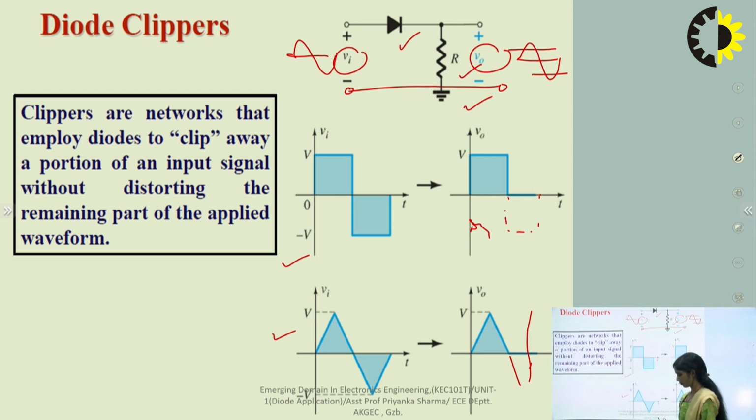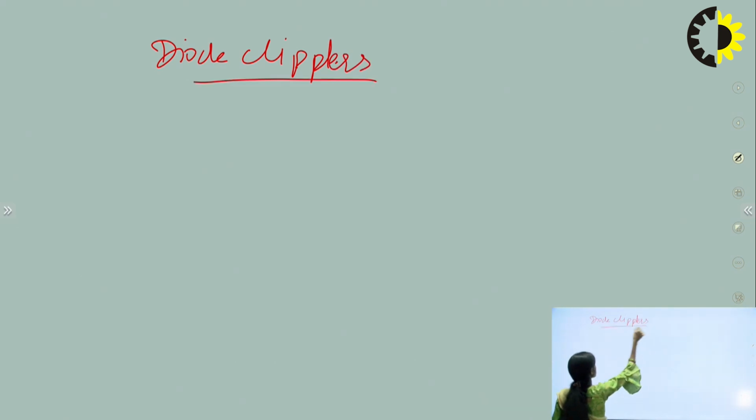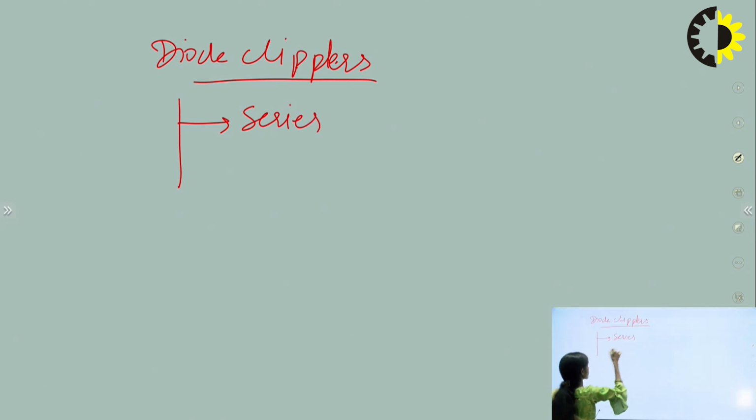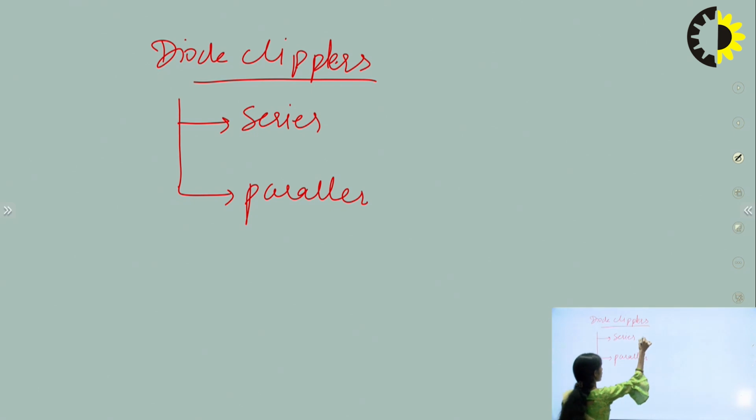If we start with the diode clippers, first of all, diode clippers can be categorized as series clipper and parallel clipper. In a series clipper, the diode is connected in series.